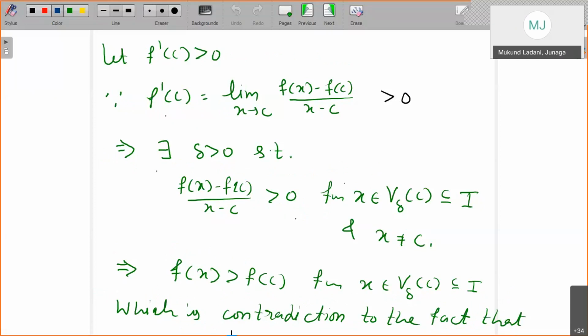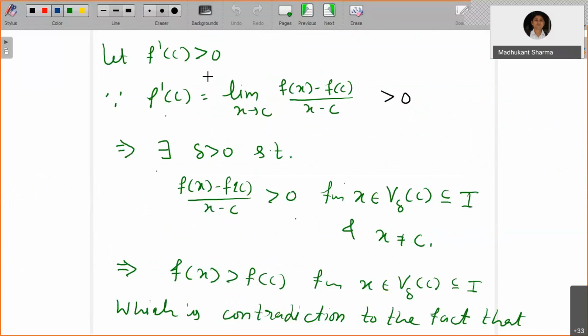We change the sign of x and c, like here x is greater than c, and then we can say that c is greater than x. See here, we have used the fact that f of x minus f of c by x minus c is greater than 0 in the limiting sense, because f dash of c is greater than 0.